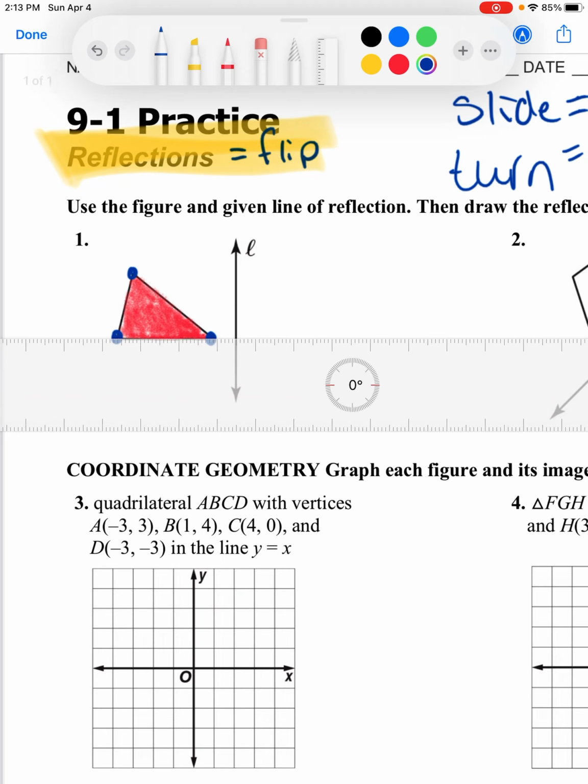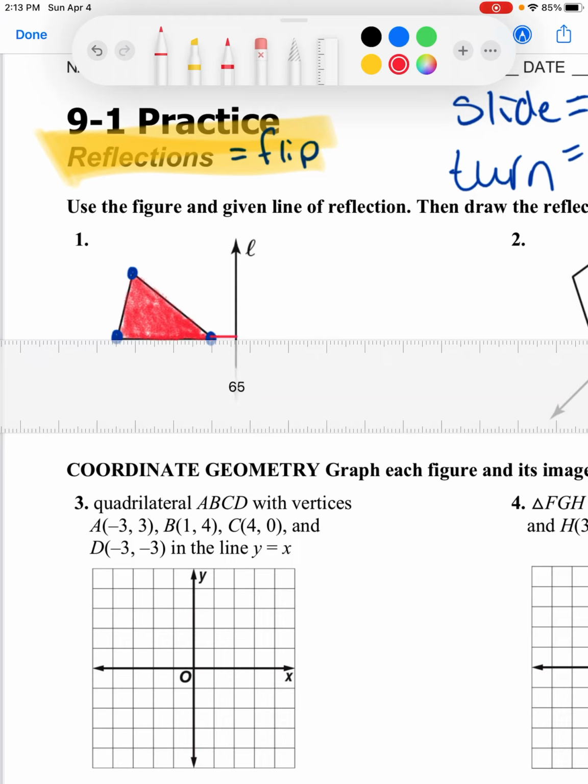What we would actually do is this: each vertex of this triangle is a point, and we would take a ruler and say, okay, this first point is right here. It is 68 from the line L that we're reflecting across, so we need to go 68 more, which takes us to 136.